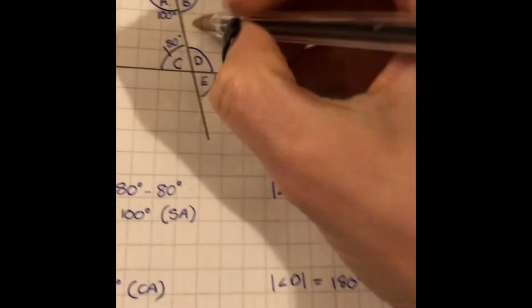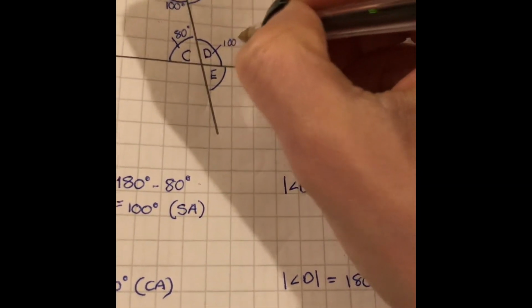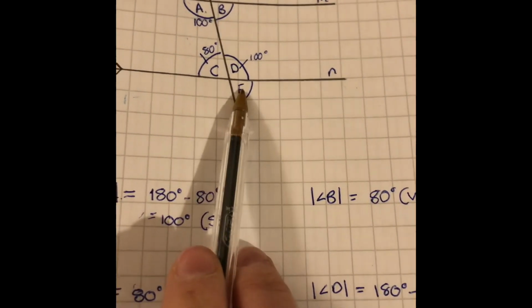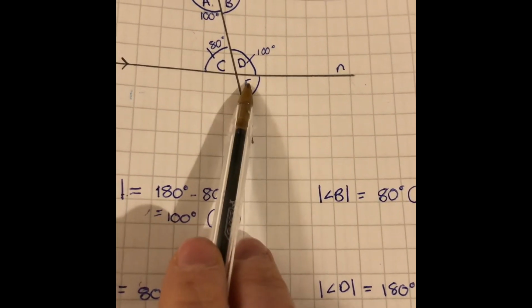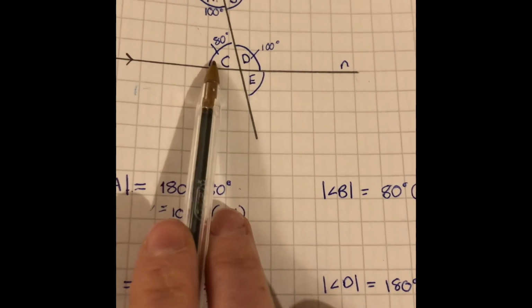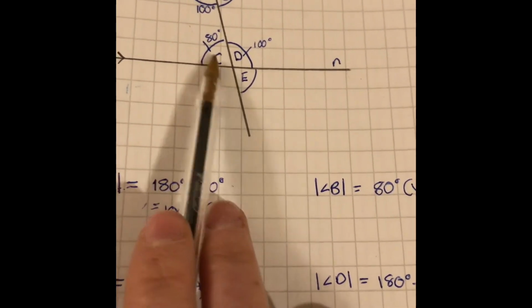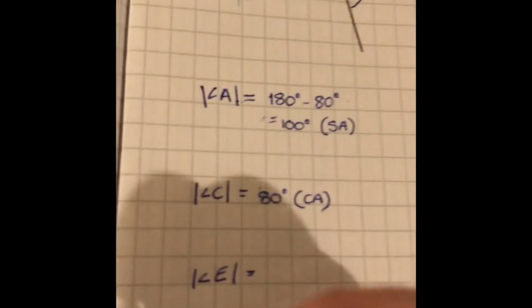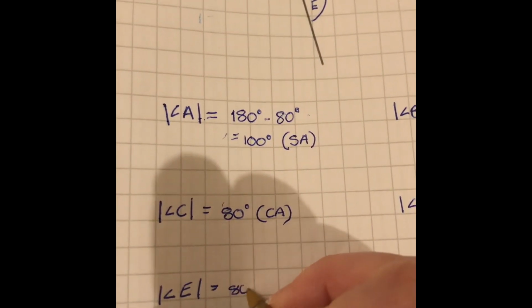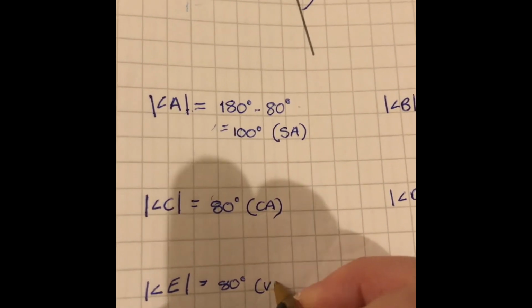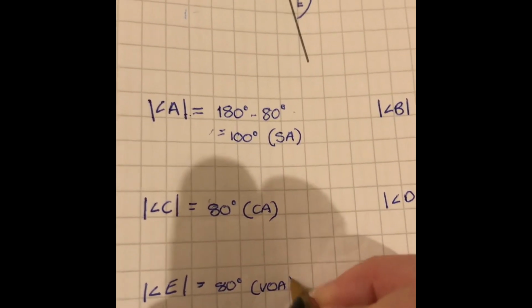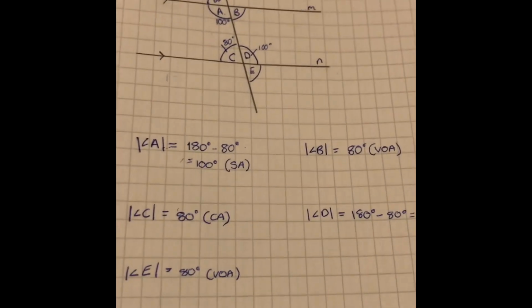Okay, so that's 100. And then last of all, E, and I'm going to use vertically opposite angles again with C. There's the X. So that means no calculations required this time. I know it's 80 degrees because of vertically opposite angles. And there you have it.